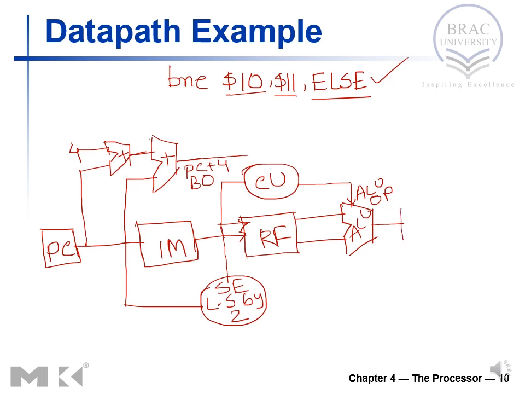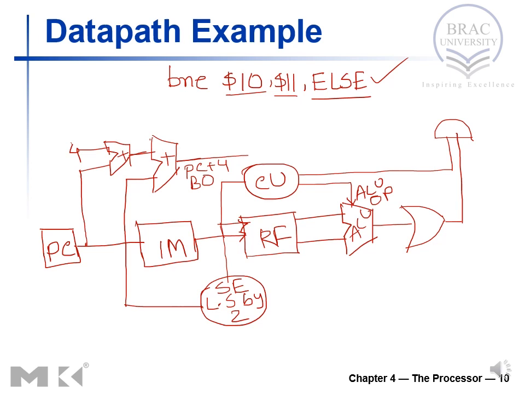ALU output will go to an OR gate, and output of OR gate will go to an AND gate. Another input of the AND gate will come from the control unit.